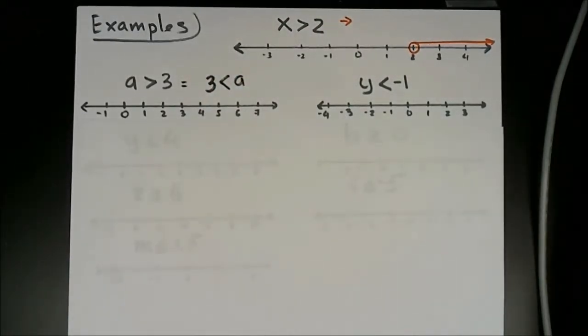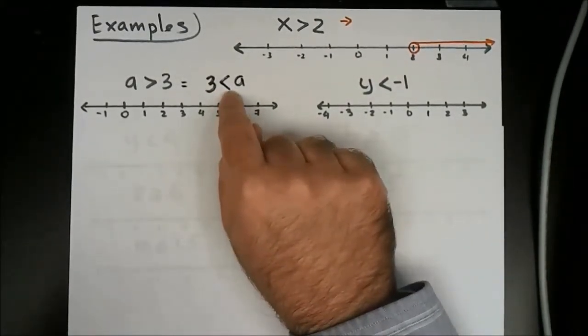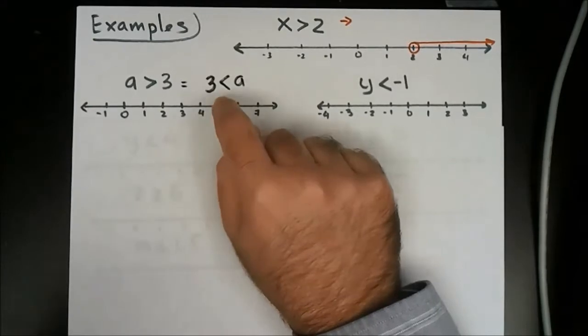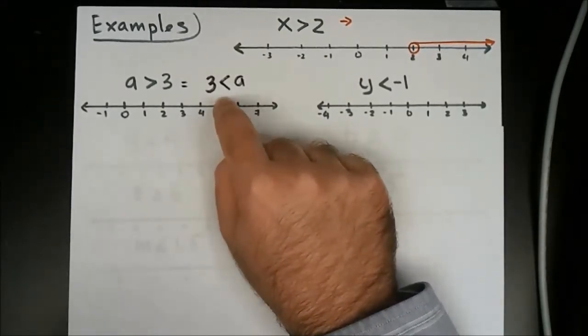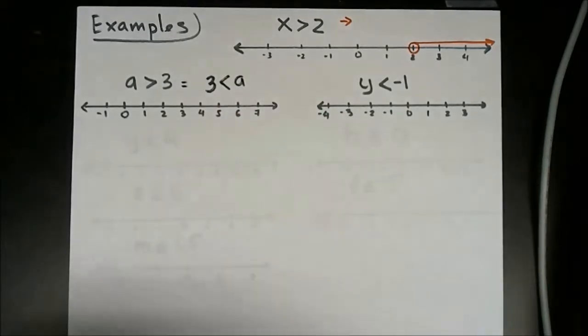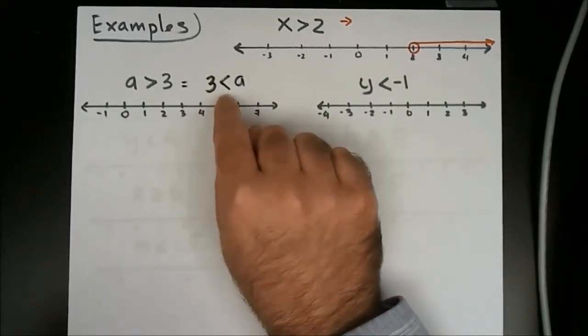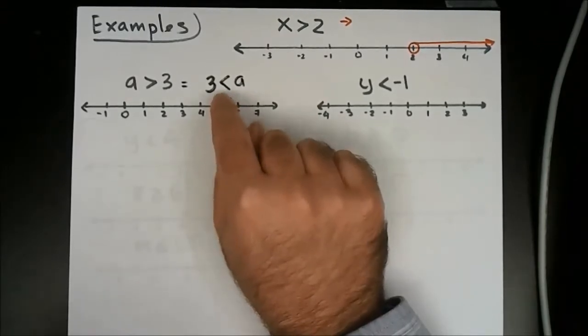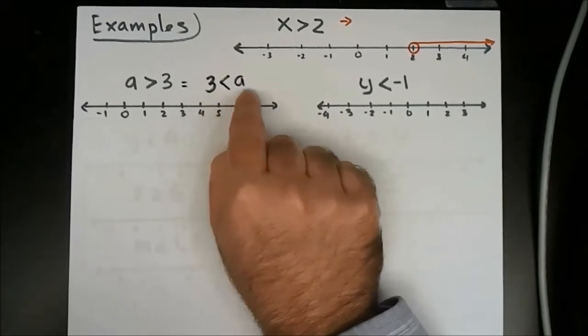They're the same statement. Some might get confused because this is not an arrow, it's the greater than symbol. It doesn't matter which way this particular alligator symbol is facing. You look at the variable and its relation to the alligator symbol.